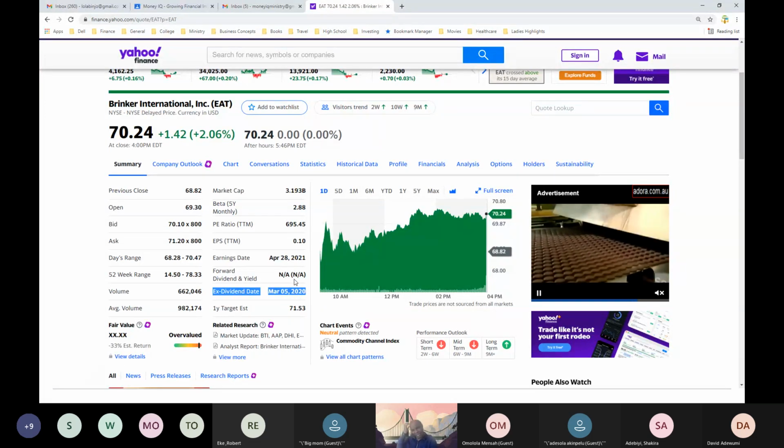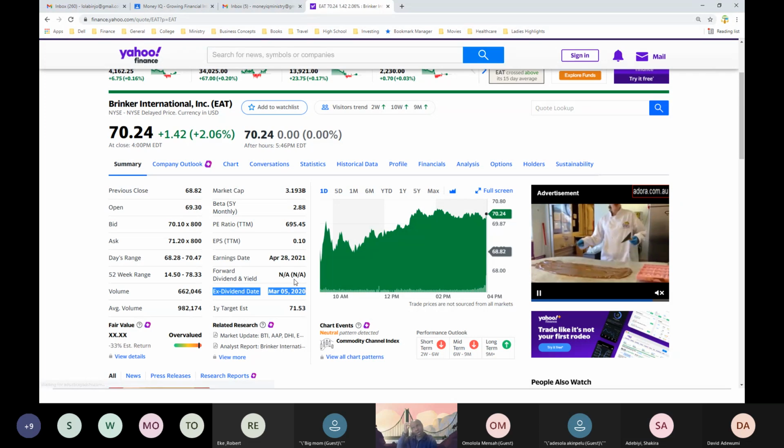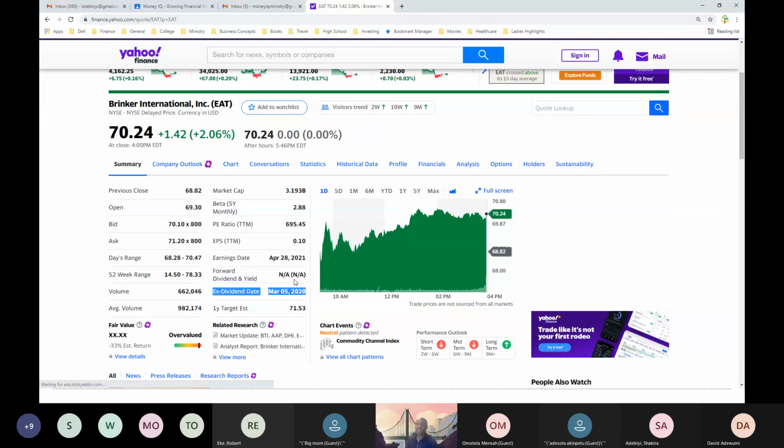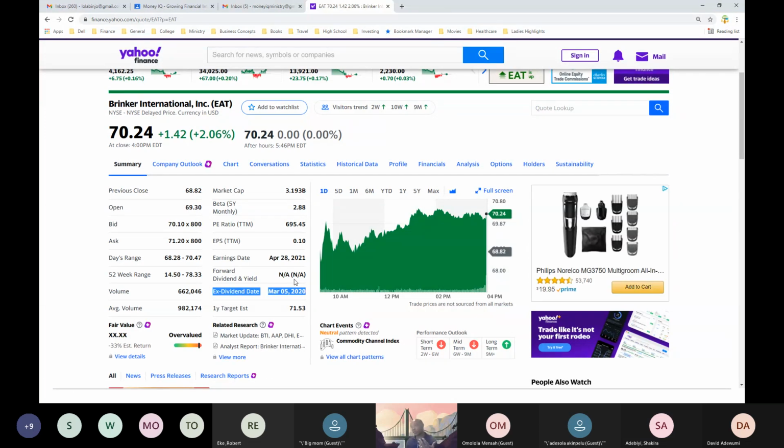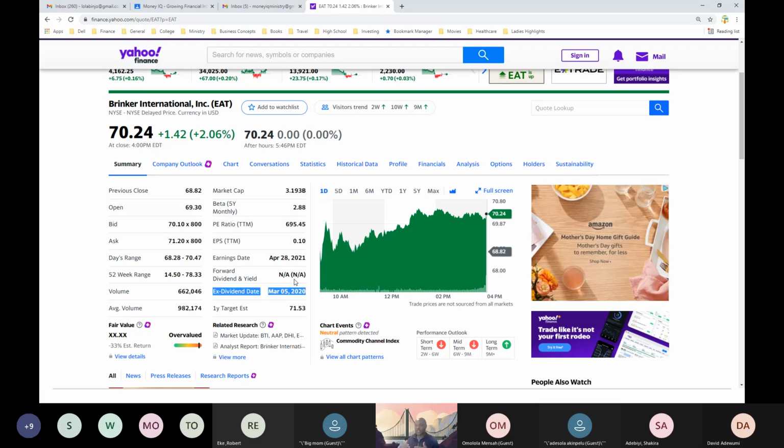So that's another important thing to know, because not every company pays a dividend. And when you're looking at investing in a company, you want to look at your overall yield, that is the overall percentage. If I invest $100 in this company and it grows by 10% to $110, the yield directly of that $100 investment is 10%.